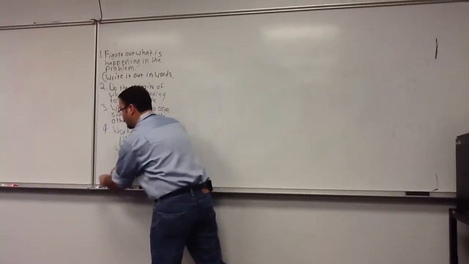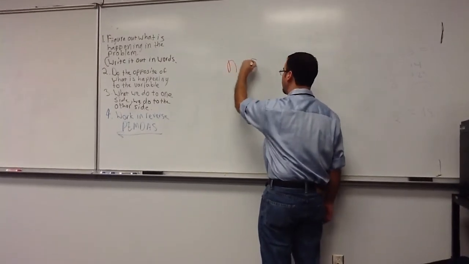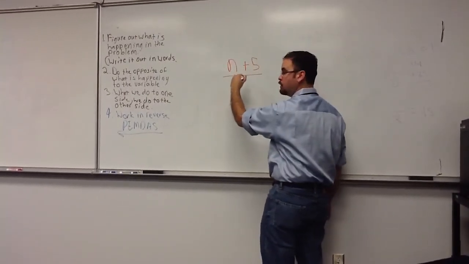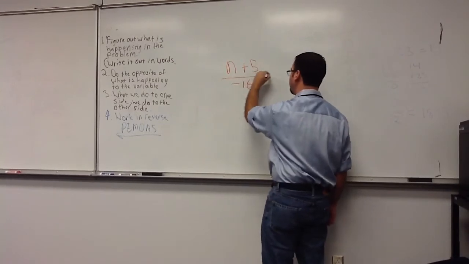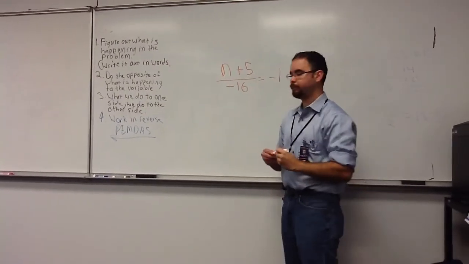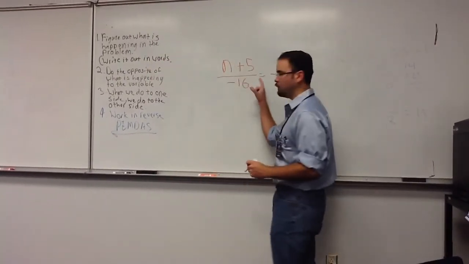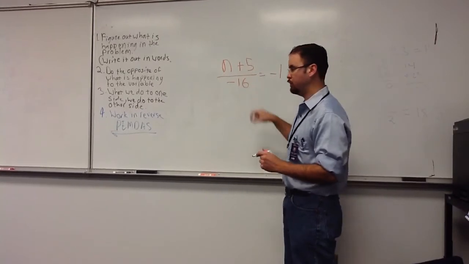the problem is n plus 5 over negative 16 equals negative 1. Okay. So here, I'm going to write this out in words.